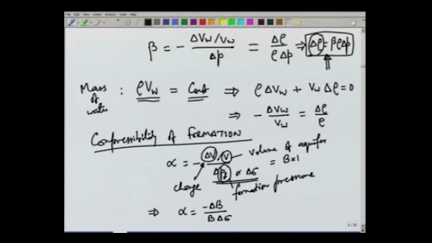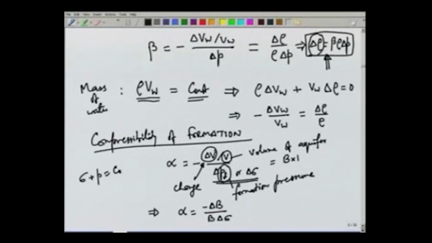We have also seen earlier that sigma plus P is constant. Therefore, delta sigma will be equal to minus delta P, and therefore, we can also write delta B from here as alpha B delta P.